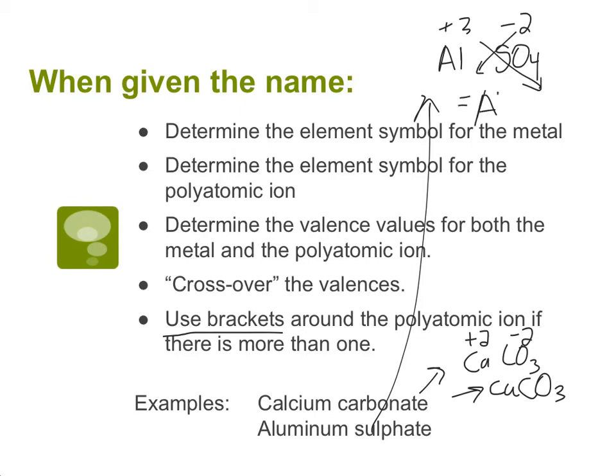And that's going to give us Al2 bracket SO4 bracket 3. Okay? Brackets absolutely mandatory if you have more than one polyatomic ion. If you were missing the brackets, then you would basically be telling me you have 43 oxygens in this compound, which really just doesn't make sense.